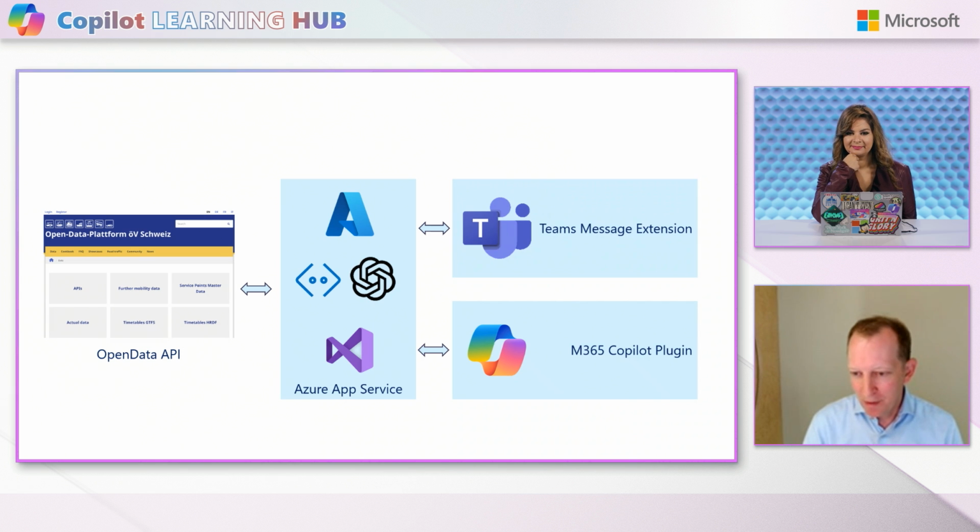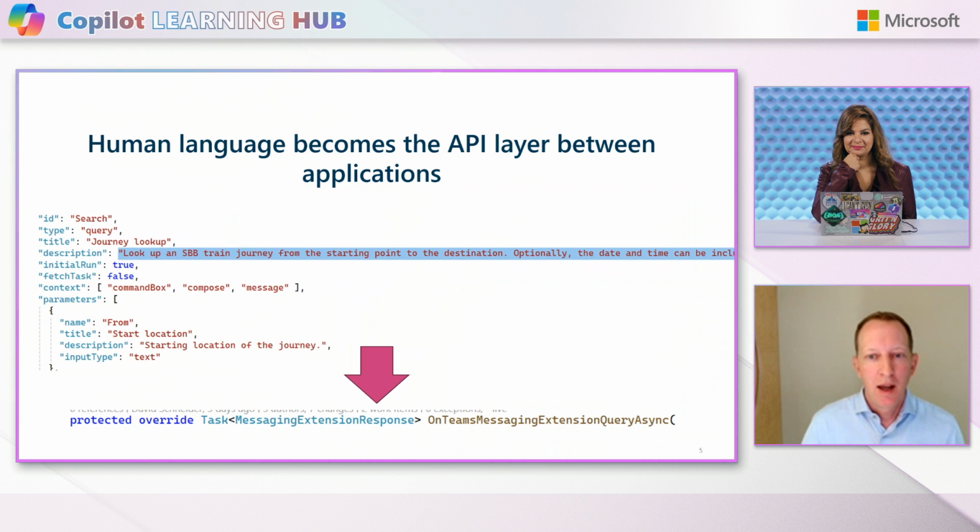Now, the magic in this solution is that Copilot detects, based on human language, which plugin to call, which method of that plugin to call, and also does the wiring between the parameters of the plugin and the prompt I put in. So the human language becomes the API layer between applications.